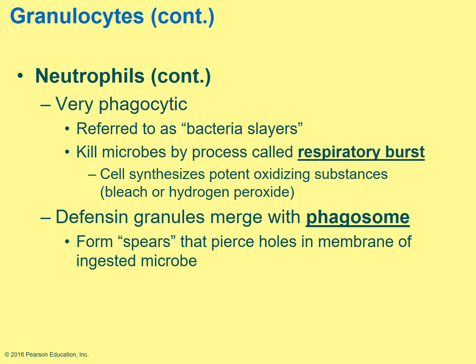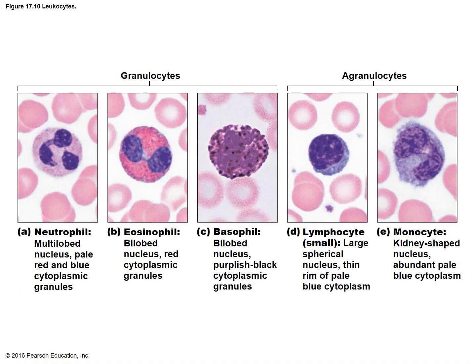If you have a high number of these or abnormally high concentration of these, it would be indicative of a bacterial infection. So if you look at this under A, the neutrophil, you can see that it has those multi-lobes. The granules in them, some are reddish color, some of them are kind of a bluish color, so you have both colors of those granules in them.